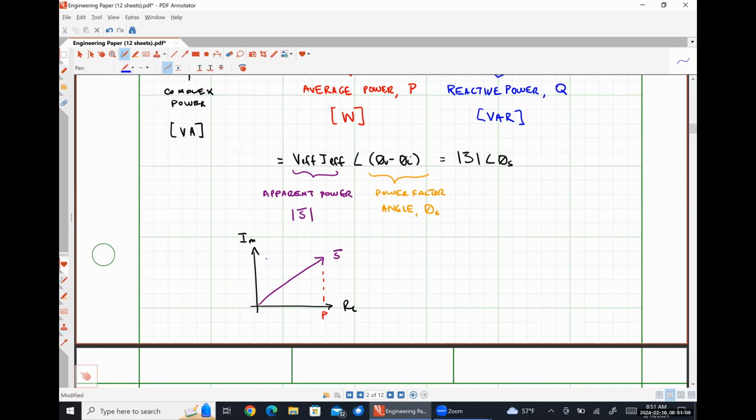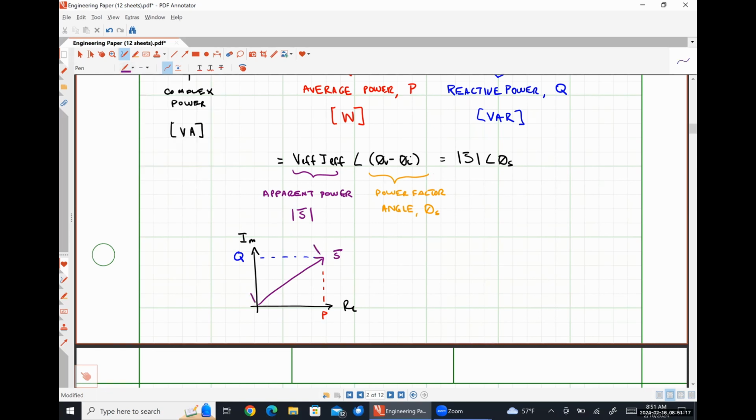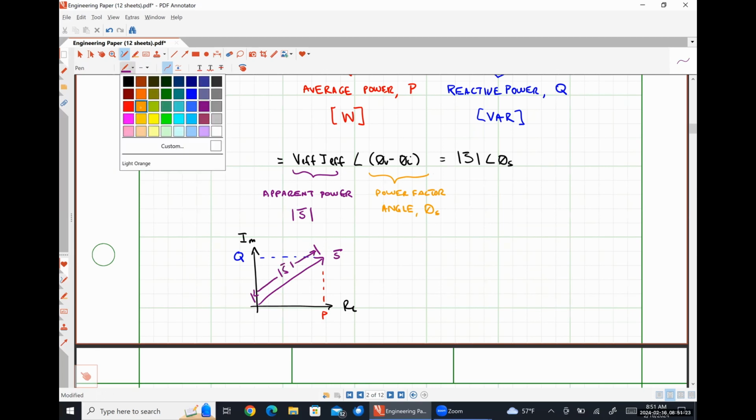The projection of S onto the imaginary axis is our reactive power. The length of this vector S is our apparent power.